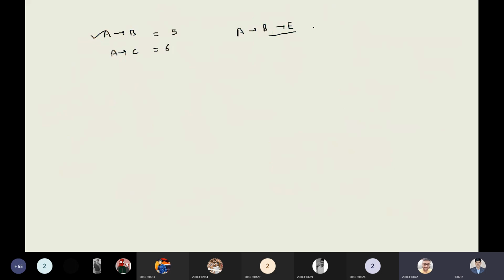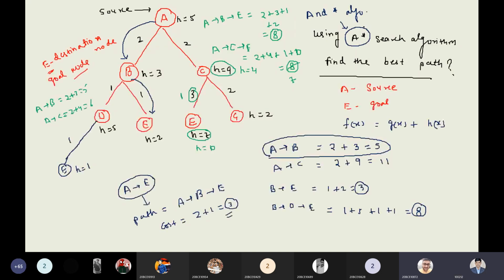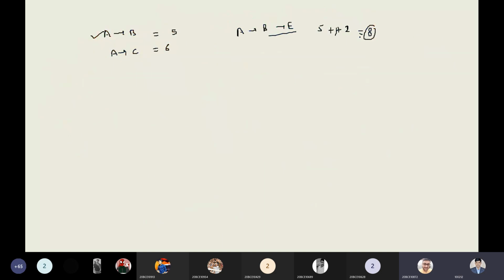So already we have the 5, and then we have 1 plus 2. So that would be the 8. Okay. Is it clear right now? I'm not talking about the path cost. I'm talking about the total function cost. Now it is clear. Yes, sir.